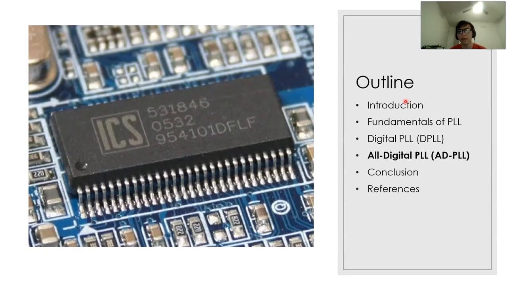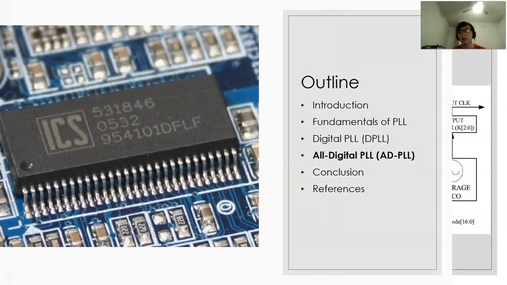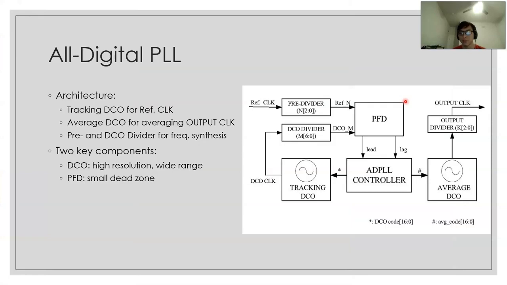And then we have something called the all digital phase-lock loop. As we remember, the digital phase-lock loop only transforms the phase detector into digital, and except for that, the filter and the VCO all remain the same.